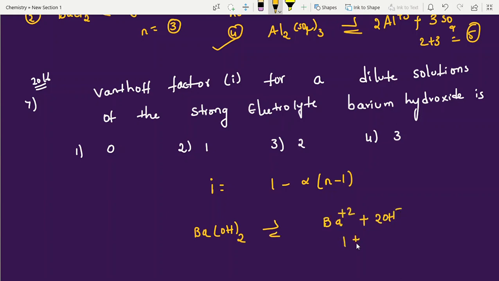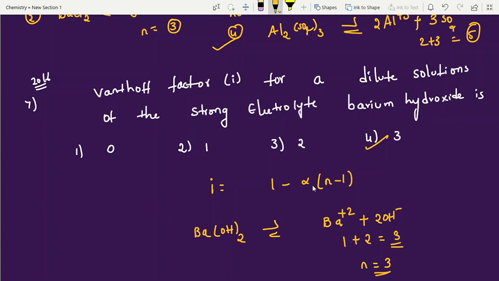So 1 plus 2, how many particles? 3 particles. N equal to 3. So you can write option 4. We are using this formula, and you can use this one also. When we use this one, I'll explain.